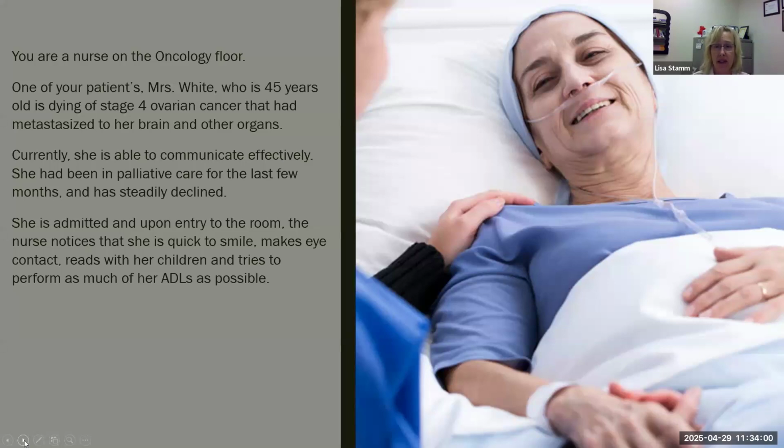She's admitted onto your floor, which is an oncology floor. And on entering the room, you notice that the patient is quick to smile. She makes eye contact. She reads with her children, and she tries to perform as many of her ADLs as possible. So we have a good scenario for what's going on with our patient.